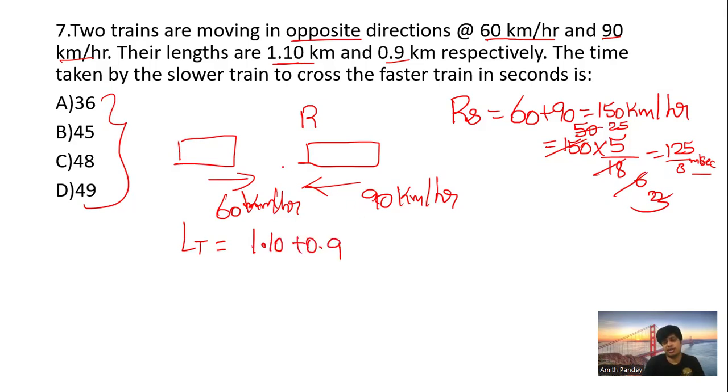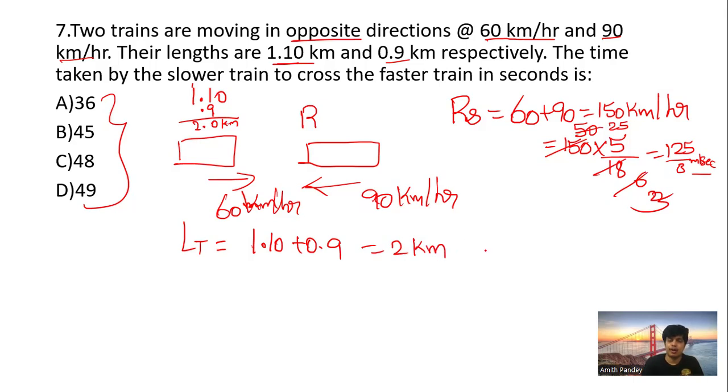Always people make mistakes. They may write 1.19. No, that's wrong. See, 1.10 plus 0.9. 9 plus 1, 10. So 1. So it will be 2.0 kilometers.